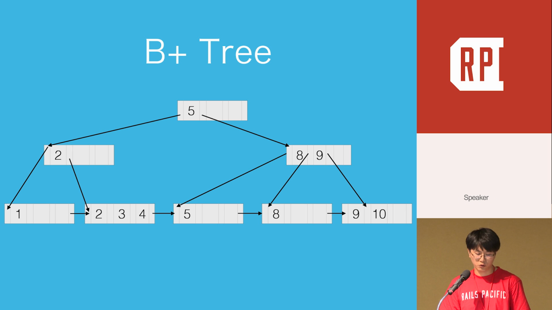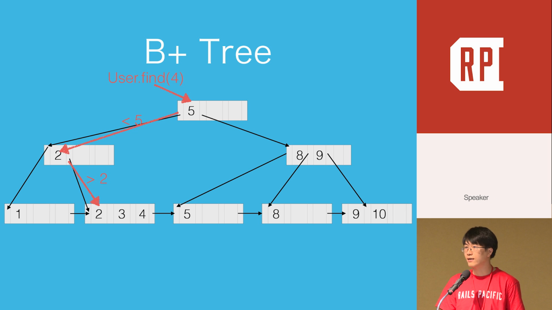Suppose we want to find a record whose ID is 4. It will traverse the path from the root node to the leaf nodes. First, it compares 4 to 5; it's smaller, so it goes to the left side. Comparing to 2, it goes to the right side.